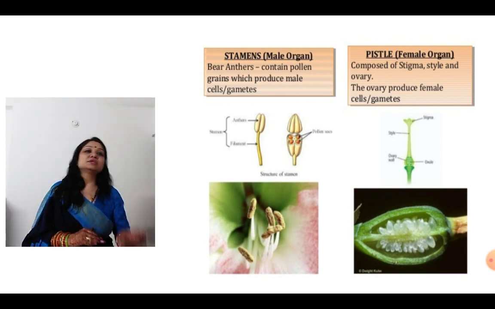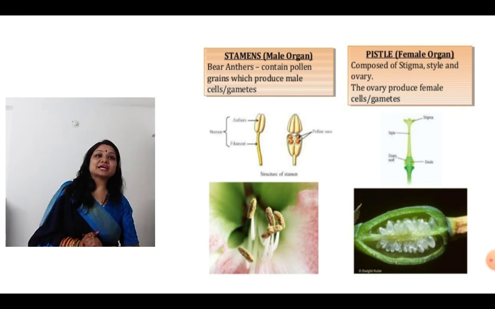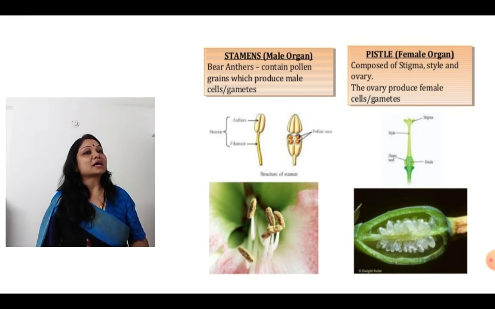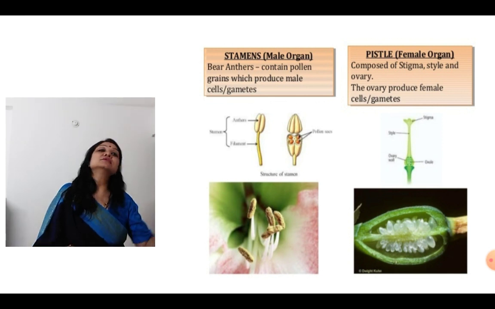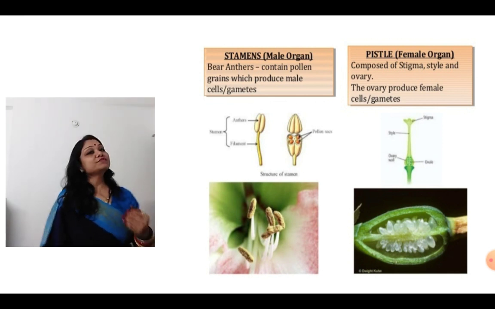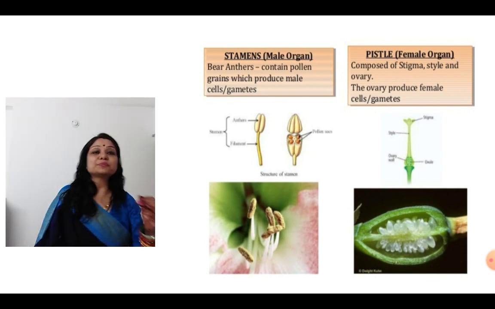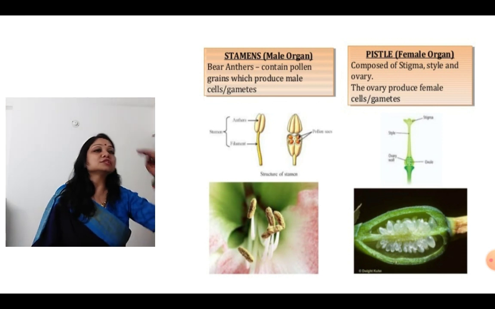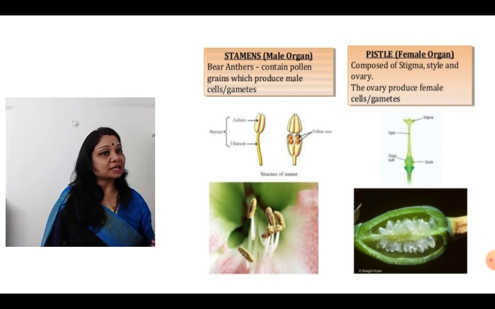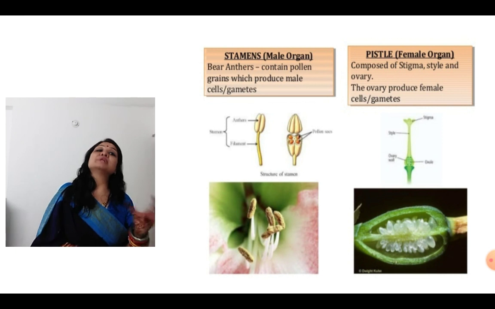On the contrary, the pistil's picture is shown, that is the female organ, and it is composed of stigma, style and ovary. The ovary produces the female cells or gametes. Now see the picture: stigma, the topmost part; style, the tubular structure; and after that the ovary, the bulb-like structure.